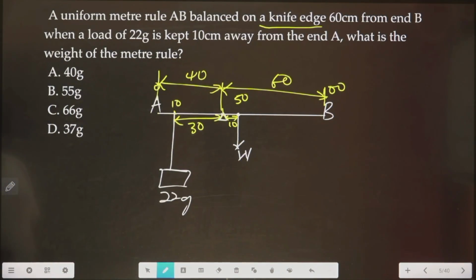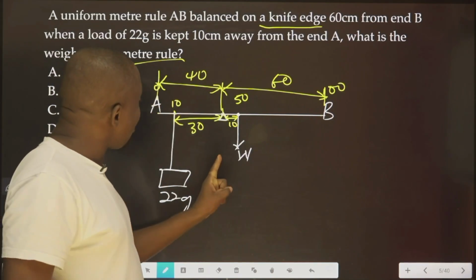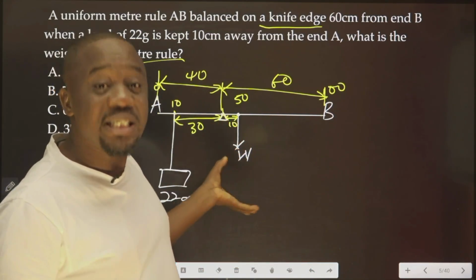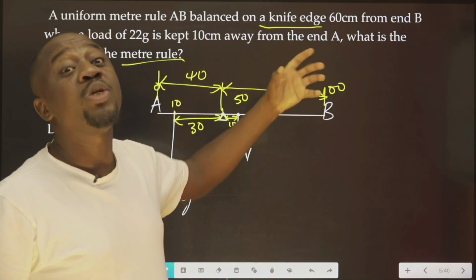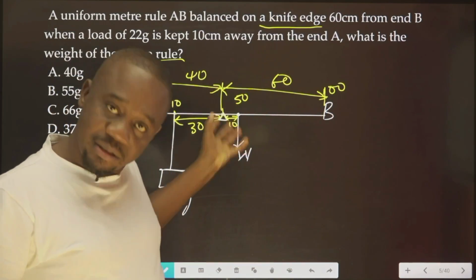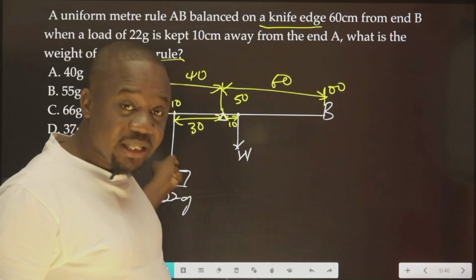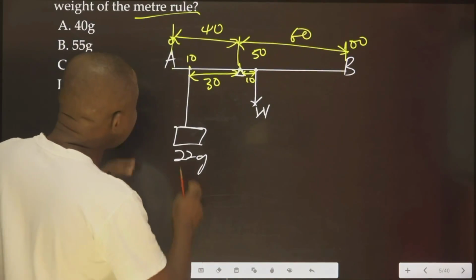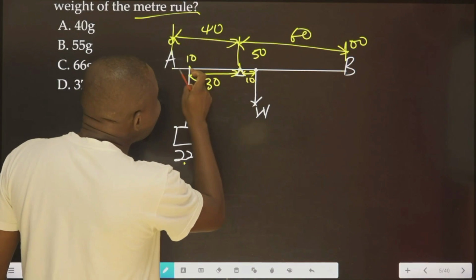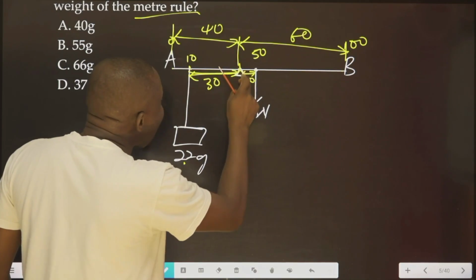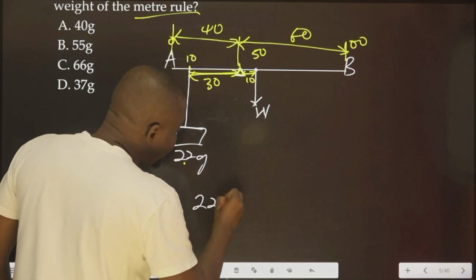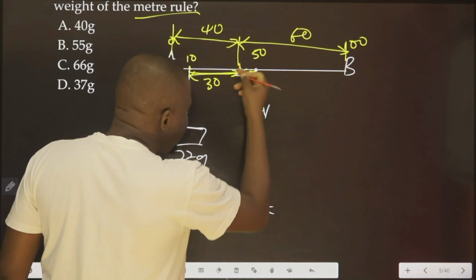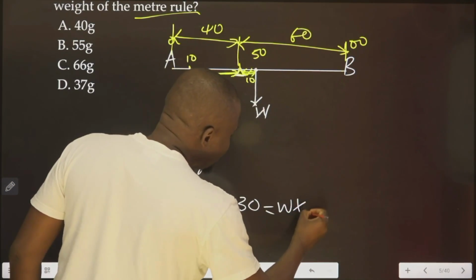What is the weight of the meter rule? All you have to do is the clockwise moment equals the anti-clockwise moment. What that means is this 22 multiplied by this distance from the knife edge is equal to this weight multiplied by this distance from the knife edge.